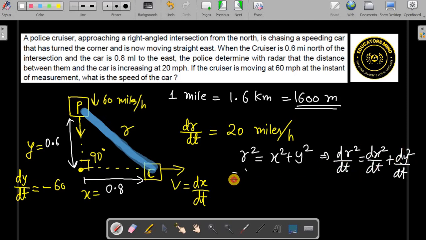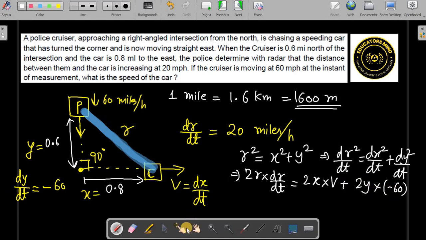But then the next step you apply the chain rule. r square with r will give 2r and dr by dt. Then x square with x is 2x dx by dt, that is what we have to calculate, v. Plus similarly 2y dy by dt, that is given as minus 60.